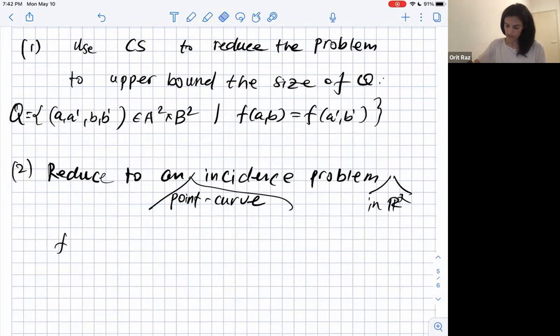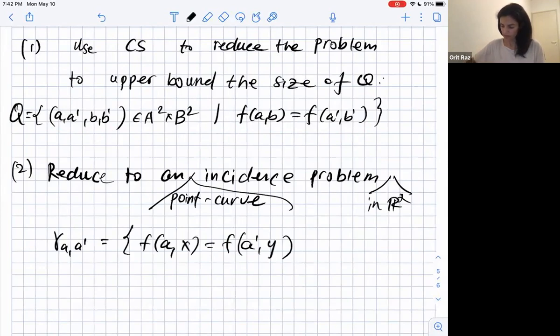Let's consider the set of curves. So gamma a prime is going to be defined as the following curve: f of a x equals f of a prime y. So this is an equation. So x and y are the unknowns. This defines a curve in R2, right? So for each pair a prime, I can define such a curve.